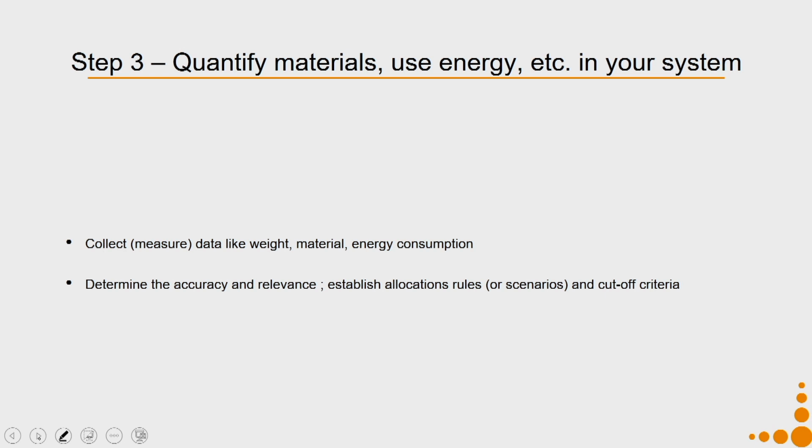What does this allocation rule imply? So, allocation rule implies, say for example, I am producing in the same factory bottles, toys and some other products. So, now there is certain energy consumption which is happening because of the production process. The blow molding machine is consuming certain amount of energy.